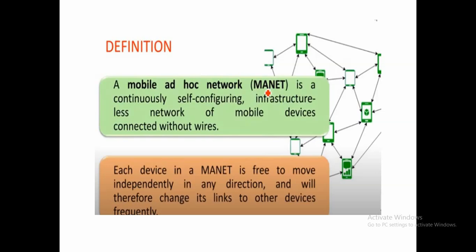These are different gadgets, different nodes moving here and there. Sometimes a node will be in the network, sometimes it will not be there. Each device is free to move independently in any direction. It may go here, it may go there.